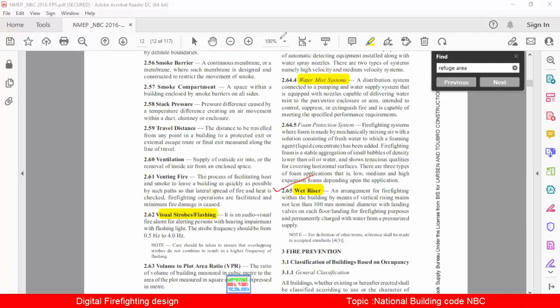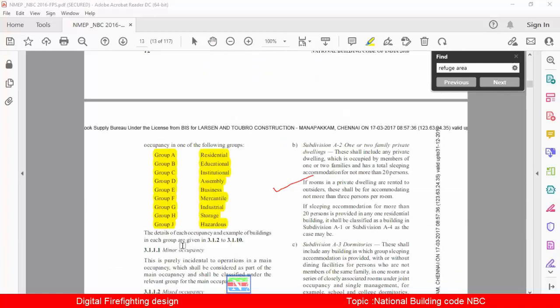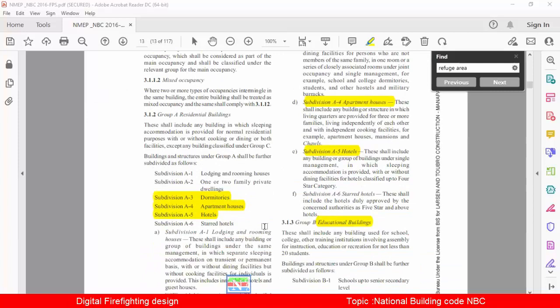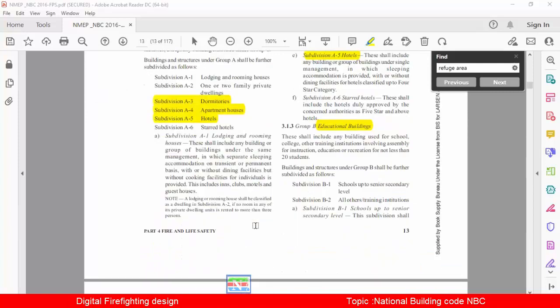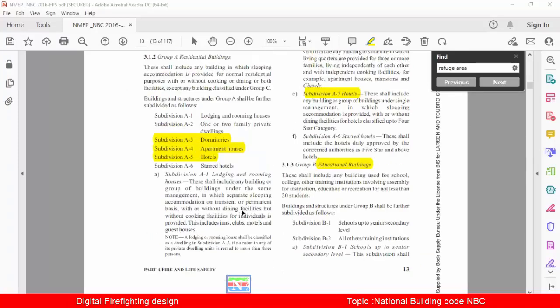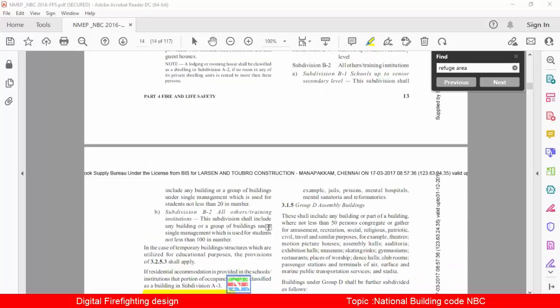Wet riser, what is wet riser? You know, already we have discussed the types of systems. And these are the different types of buildings: Group A, residential; B, educational; C, institutional; D, assembly; E, business. So NBC has identified these category groups, and based on that you will calculate and design.